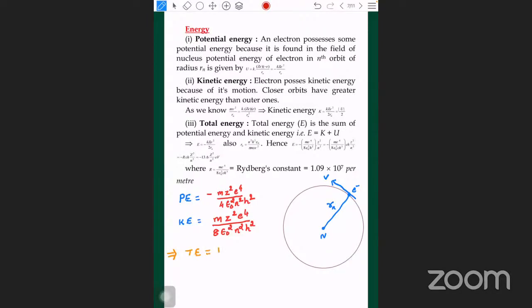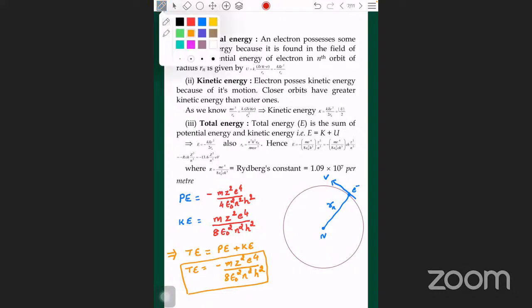The total energy is the sum of potential energy and kinetic energy, so the sum of these two is minus m Z squared e to the power 4 divided by 8 epsilon naught squared n squared h squared.